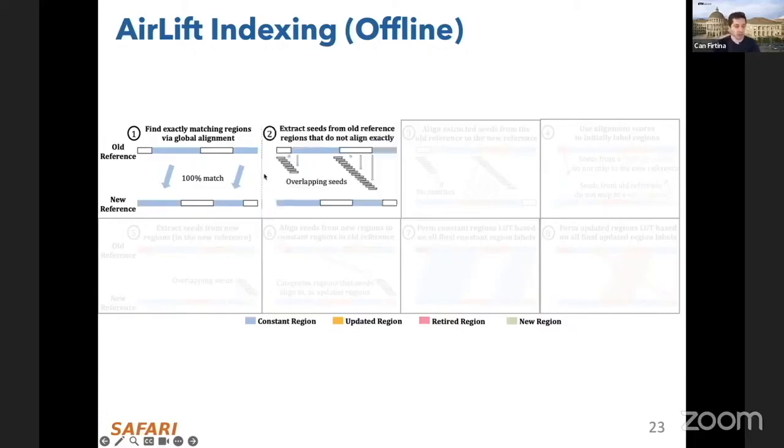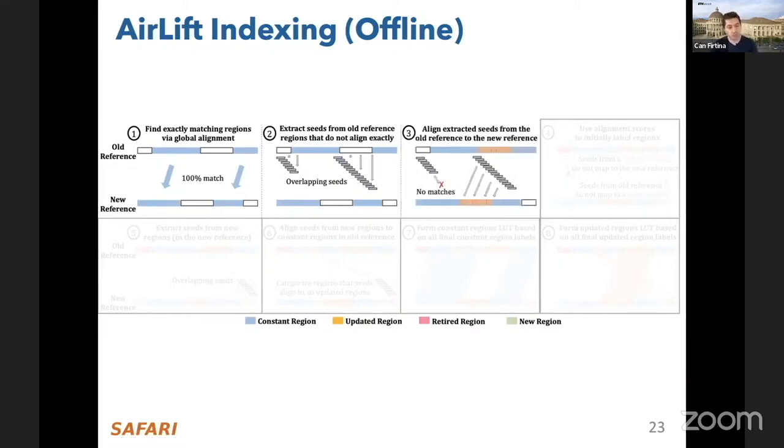So for all the other regions that are not exactly matching between the 2 reference genomes, we extract the overlapping k-mers or overlapping seeds. And these seeds are usually as long as the read length. For example, if we're using short Illumina reads of length 100, then these seeds again would have the length of 100. So after extracting these seeds that do not align exactly between the old and new reference genome, we align them to the new reference genome.